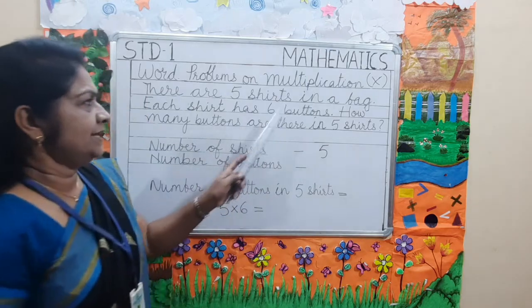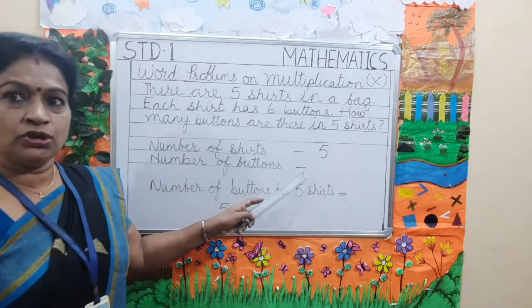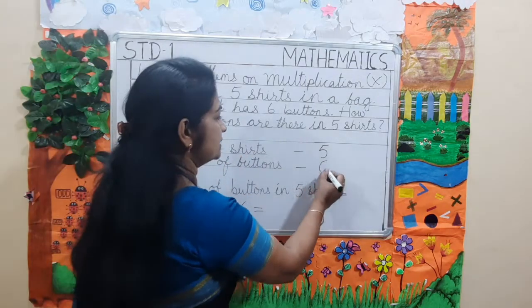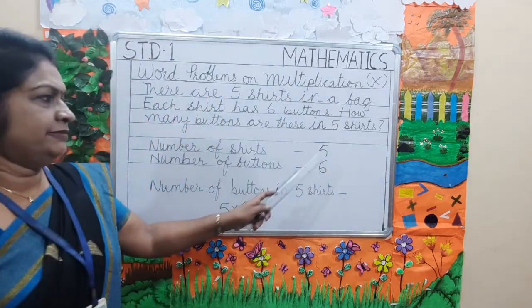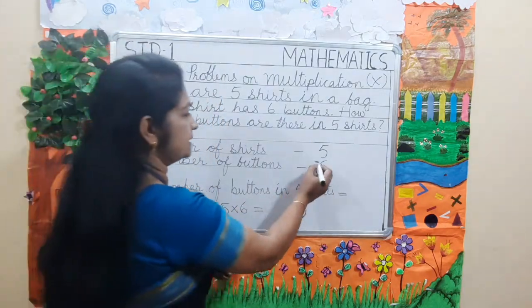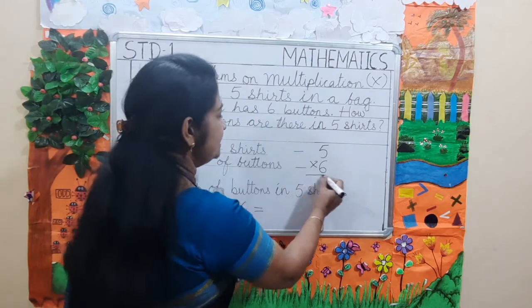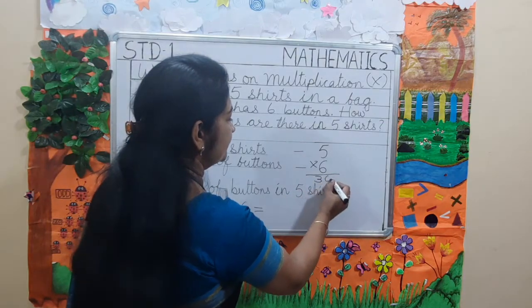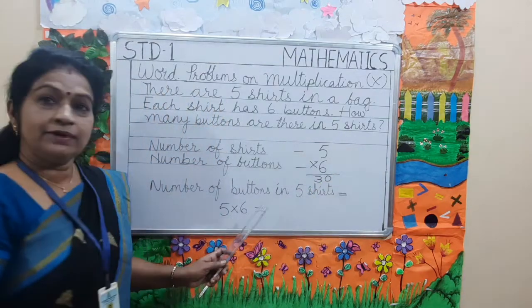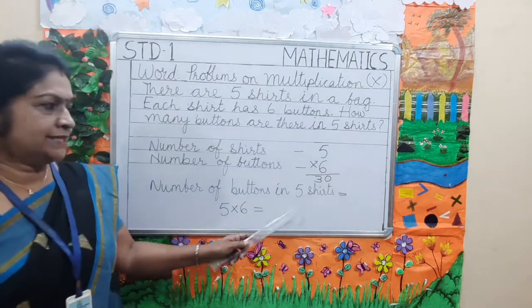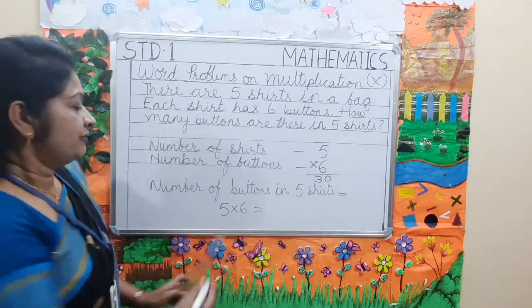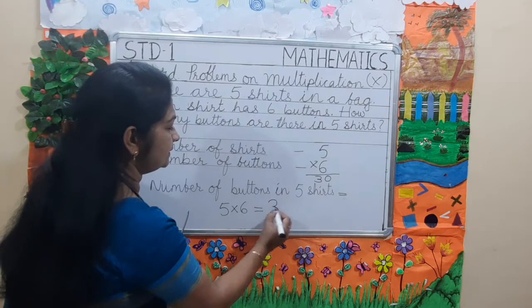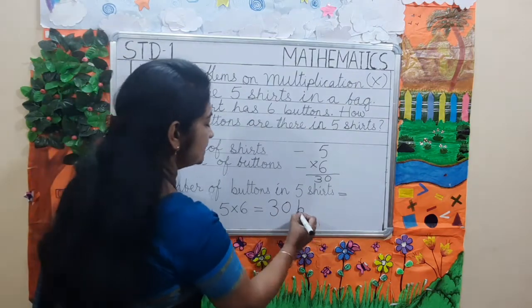How many buttons are there? 6 buttons on each shirt. So you will be multiplying 5 into 6. So 5 sixes are 30. Now number of buttons in 5 shirts will be 30 buttons.